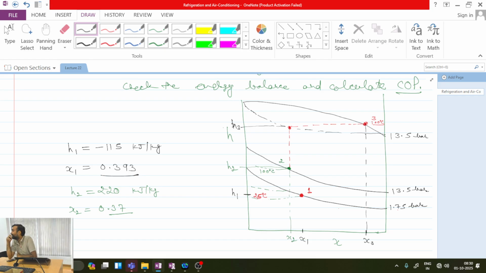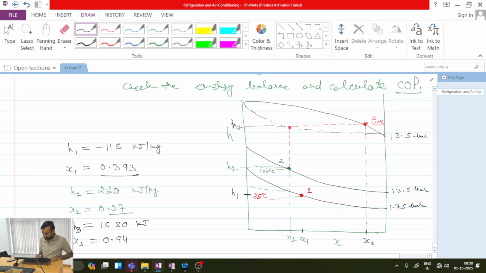How much is X3? 0.94. Correct. Exactly correct. X3 is 0.94. And what about H3? Correct. 1530 kilojoule per kg.